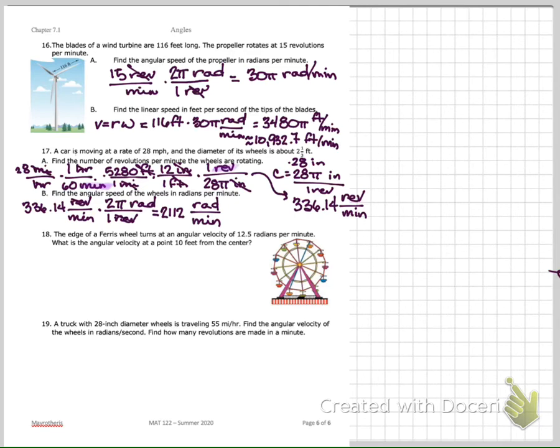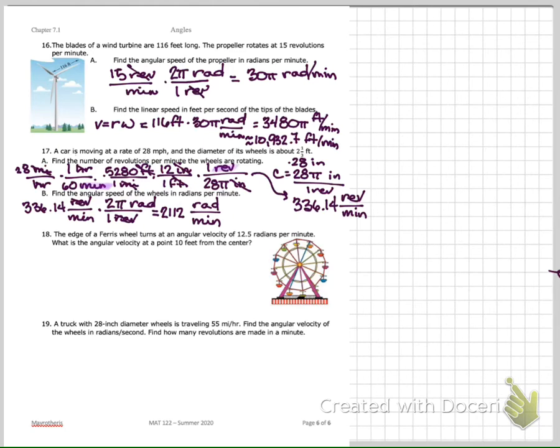18 says the edge of a Ferris wheel turns at an angular velocity of 12.5 radians per minute. What is the angular velocity at a point 10 feet from the center? Keep in mind, radius doesn't matter here. The speed that you roll through an angle is going to be the same whether you're close in or farther out.